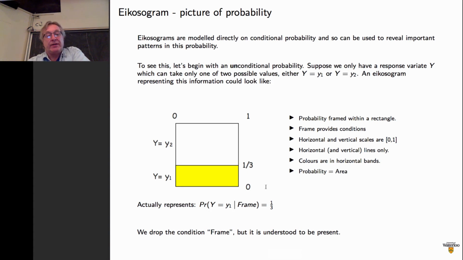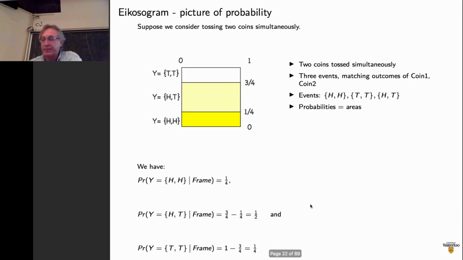So the conditional probability is that height, but since this is only one variable, it's also the marginal probability, and this area here is the probability. So that's also 1 times 1/3. So that area is the probability as well. It just happens that we're multiplying by a width of 1. Okay? Any questions? So that's the simplest one that you can imagine.